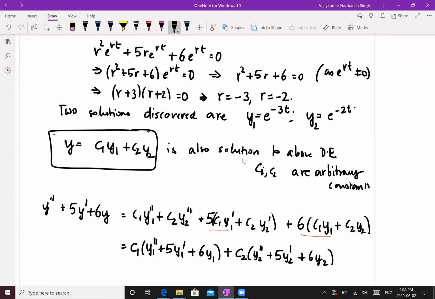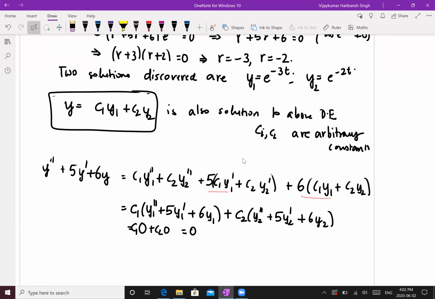Now these are the solutions to the differential equation, so these are 0. So you get c1 times 0 plus c2 times 0, which is 0. So clearly, y equals c1 y1 plus c2 y2 is also a solution.